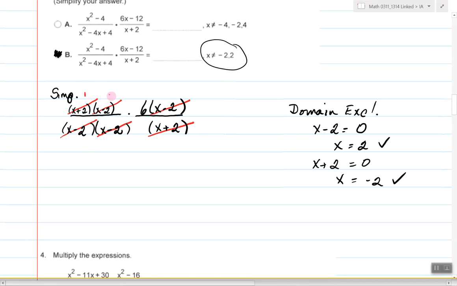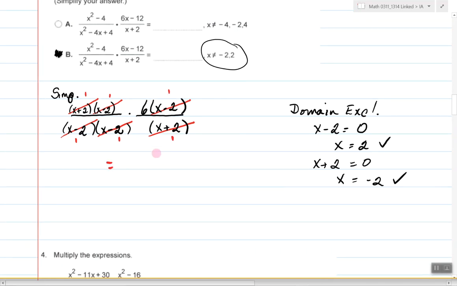Remember that every time you divide something out, you are leaving little ones behind. That means that you are getting a numerator of 6 and a denominator of 1, and you would type that as 6. So my answer is this product reduces to 6, and my domain restrictions are positive and negative 2.